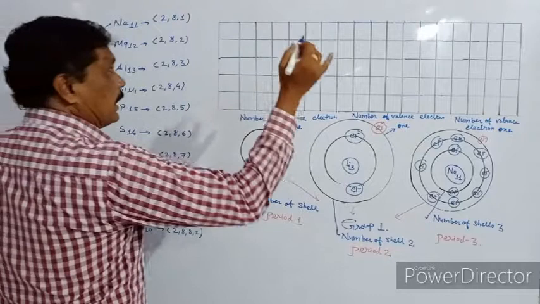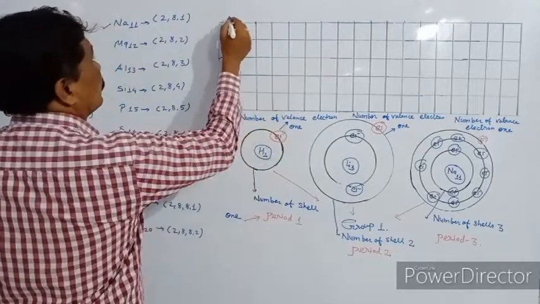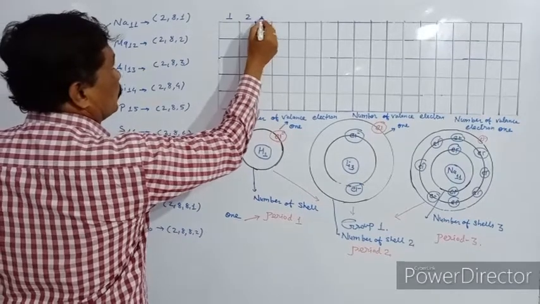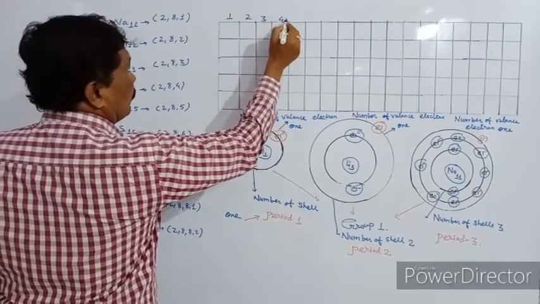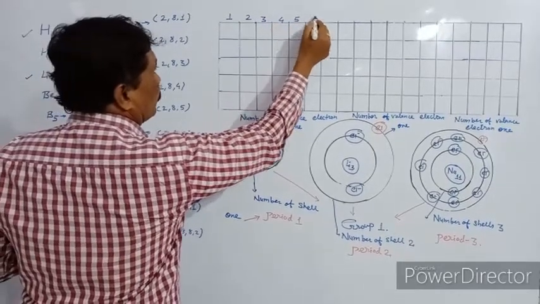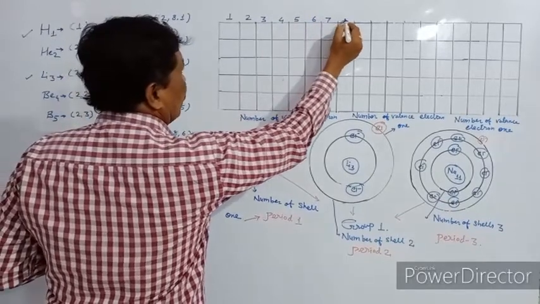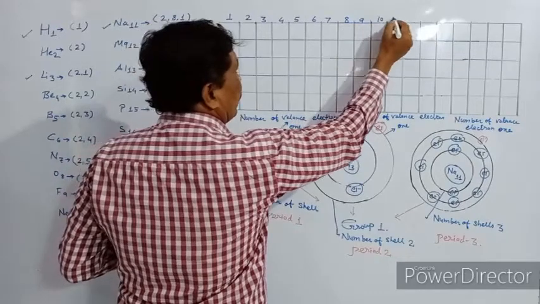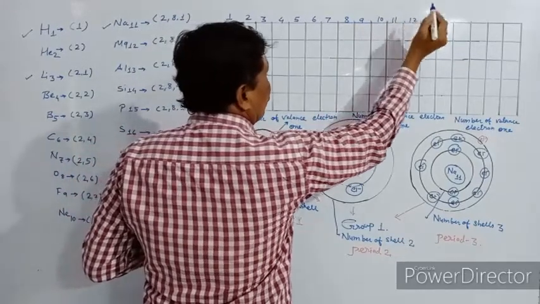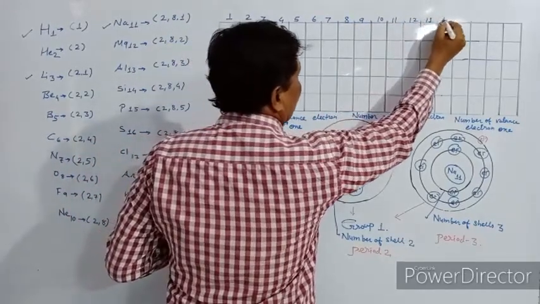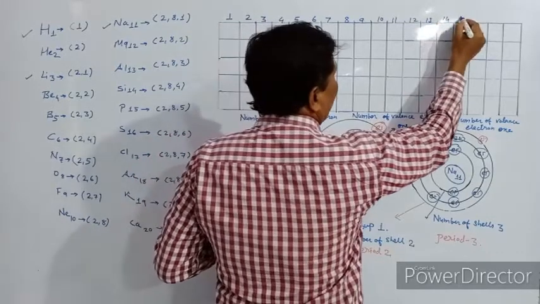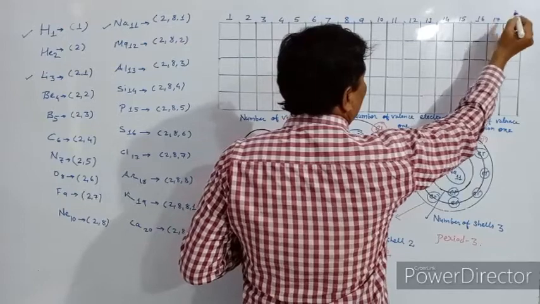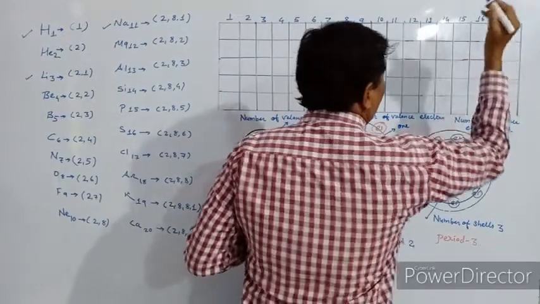There are 18 groups: 1, 2, 3, 4, 5, 6, 7, 8, 9, 10, 11, 12, 13, 14, 15, 16, 17, 18.